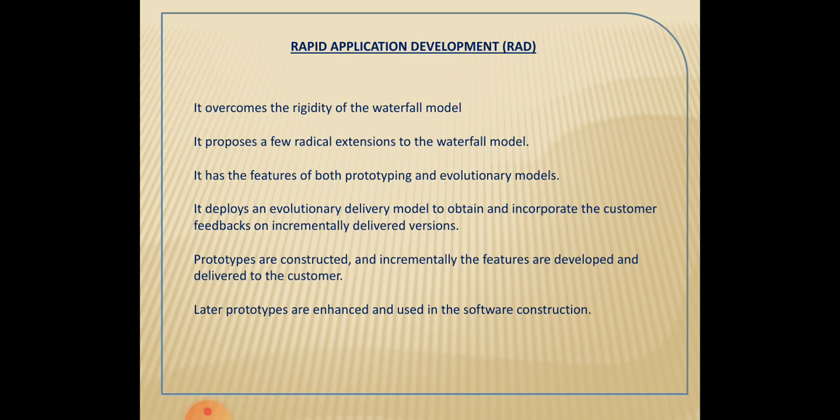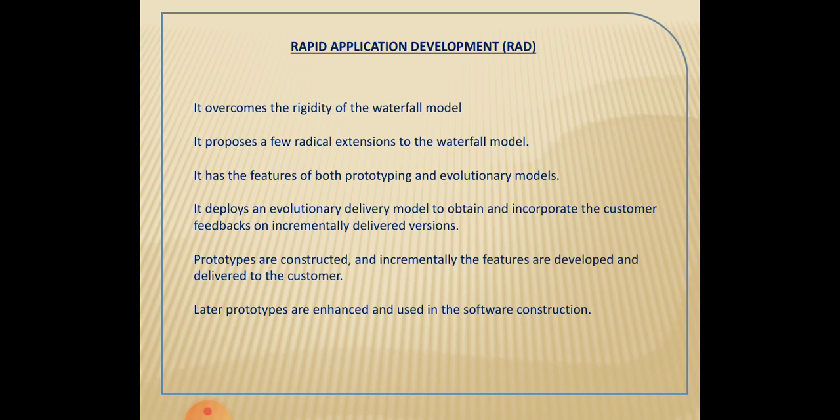So the development of prototypes does not consume much wastage of time in rapid application development, because these prototypes are enhanced and used in the software construction. So this is the major difference between the prototyping model and the rapid application development. Because in prototyping, the development of a prototype itself incurs some time. It consumes some time and cost.